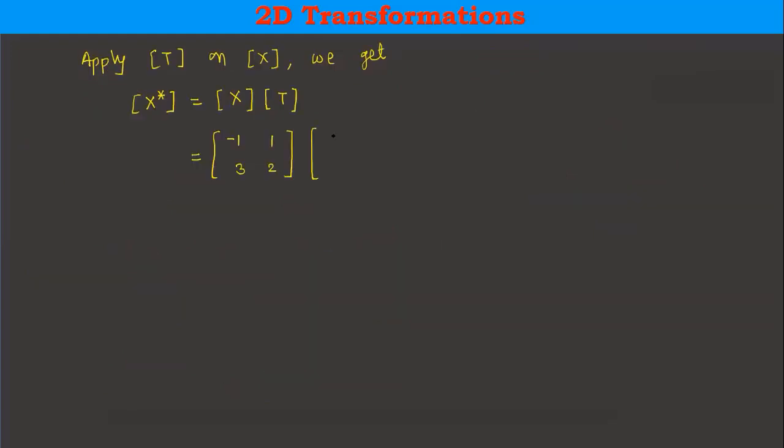So we will write it here: 0.5, 0.8660, minus 0.8660, and then 0.5. So this is our T.